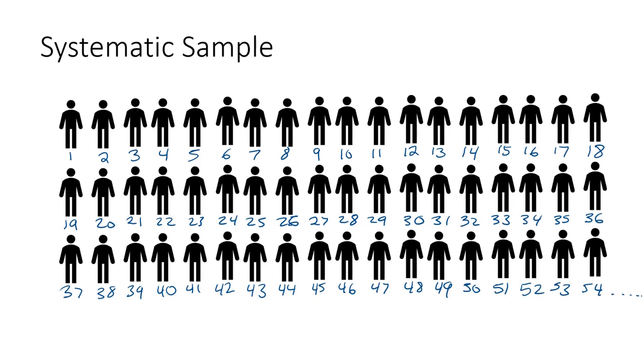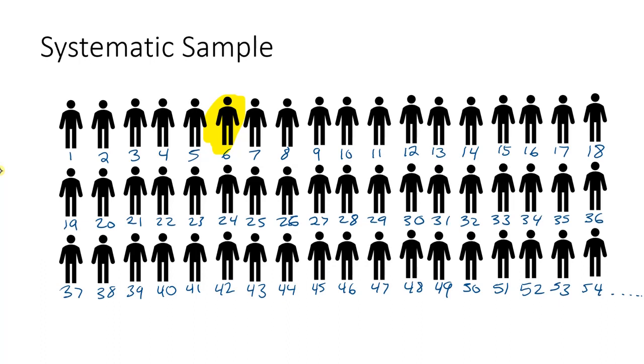In a systematic sample, we might order everyone according to their age. And I'll randomly select a starting point. So say I'll start with the 6th person, and then I will systematically sample everyone from there. I could do every 10th person, every 20th person, every 100th person, every 1,000th person.